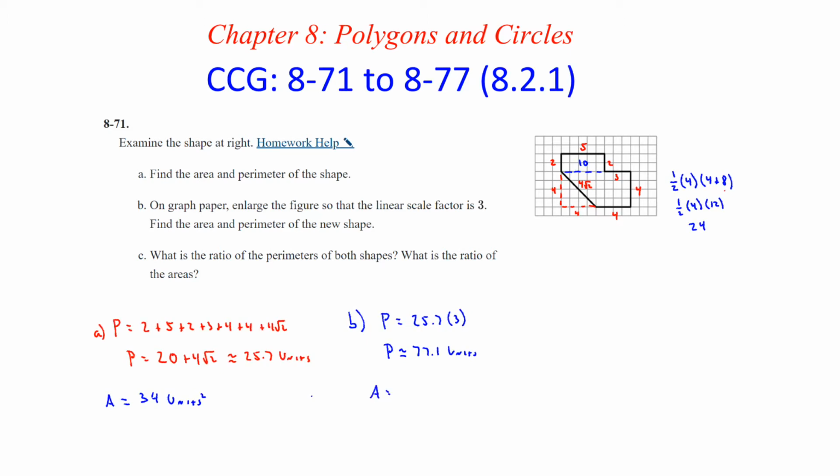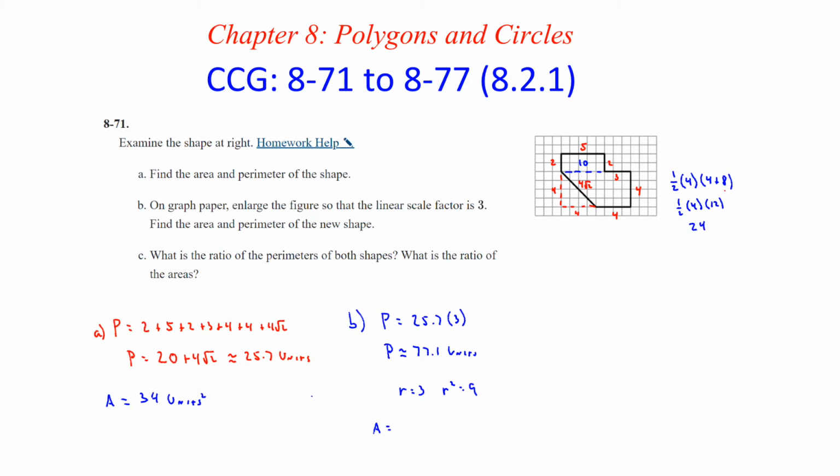And then the area, with our linear scale factor of 3, so r is equal to 3, so r squared is going to be equal to 9, and that will help us find the area. That means the area is going to be 9 times what it was originally.